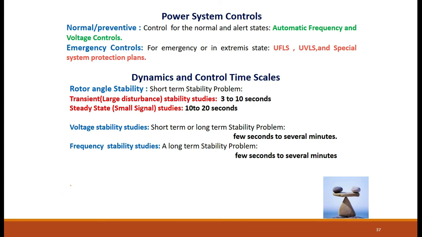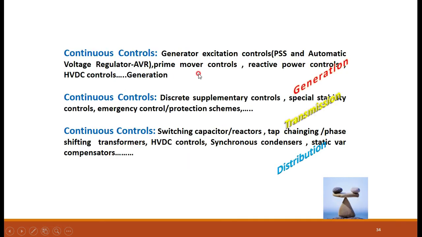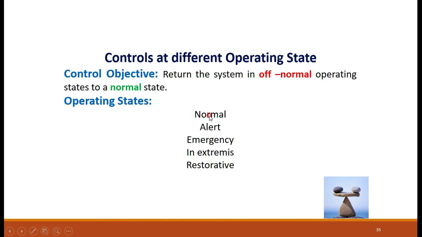Then the power system controls are usually divided into preventive actions, that is, control for the normal and alert states, and emergency control. Here the change is very small, that is, the disturbance is small.